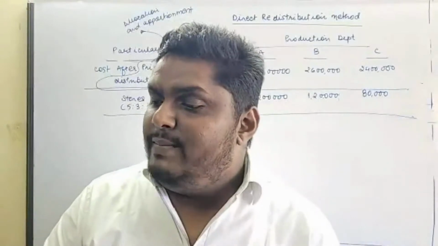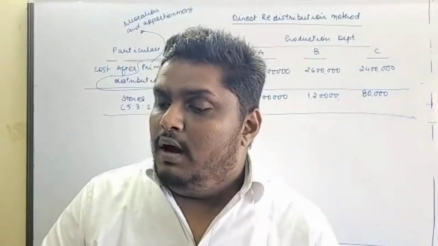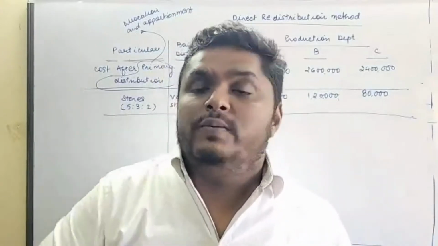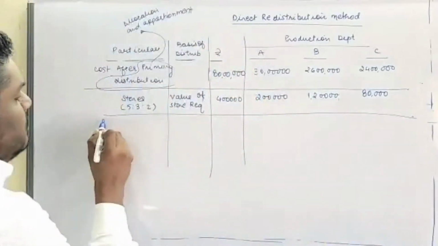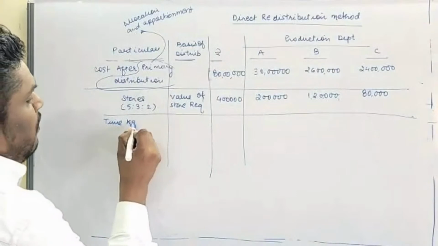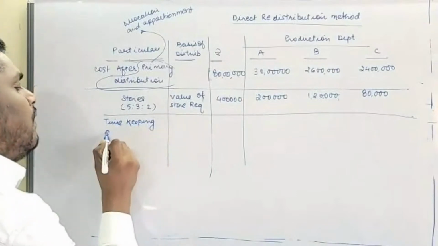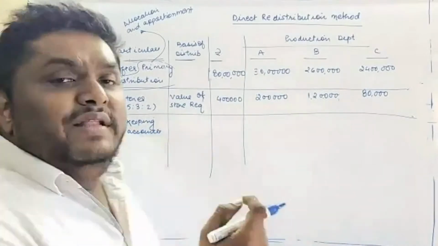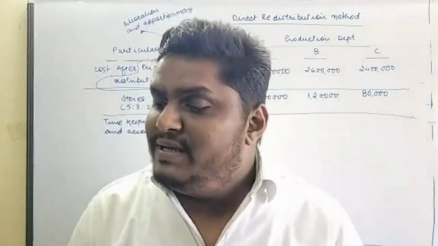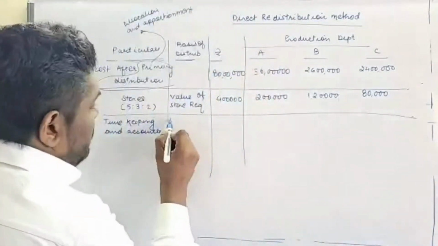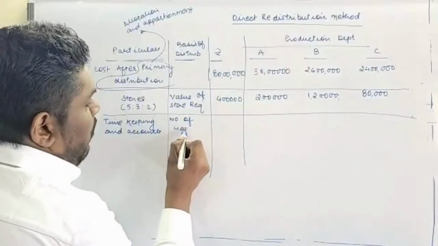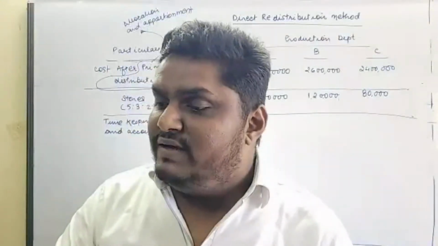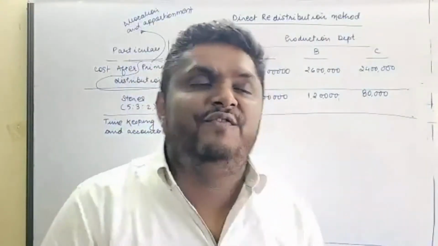Second point, that is timekeeping and accounts. Timekeeping means what? Timekeeping of the workers. So when talking about timekeeping and accounts, it will be distributed to the production departments on the basis of number of workers. Further, it is given in the question that 20:15:15 is the ratio of workers.